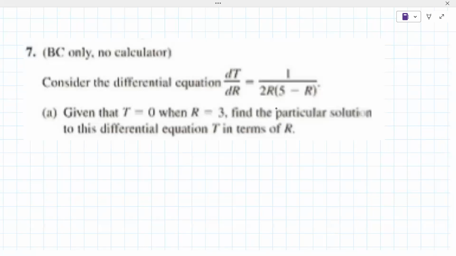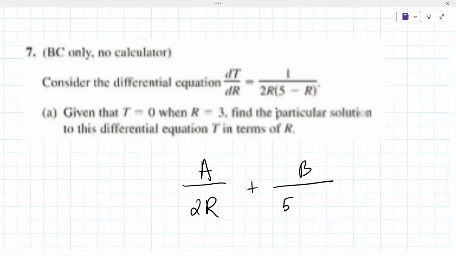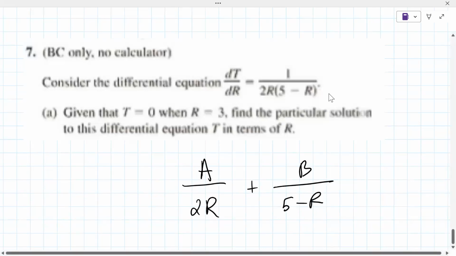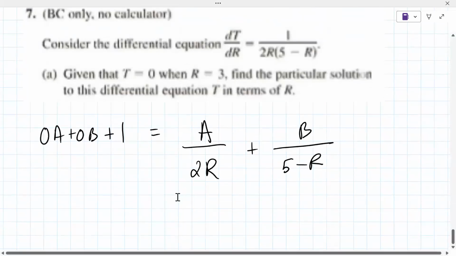How have you been doing that in class? It's like A over 2r plus B over 5 minus r. Okay. Now what are you doing next? Then we do A times 5 minus r plus B times 2r. Okay, so you're just doing the standard method, that's fine.